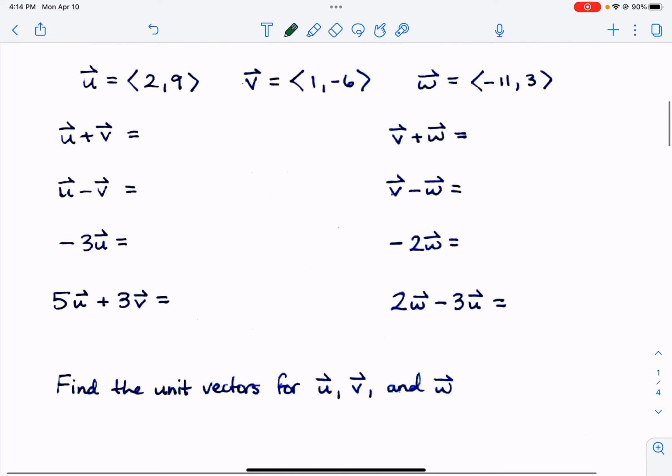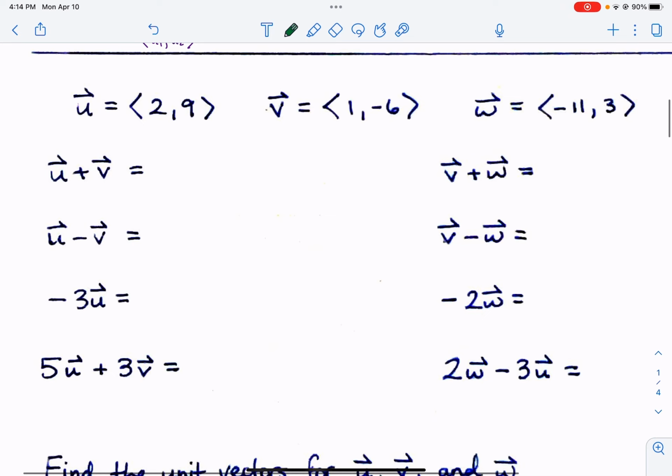Here we got a sort of rapid round of adding vectors, subtracting vectors, and scaling vectors. So we have some vectors defined above, and we just want to add them and subtract them. So u plus v would be 2 plus 1, comma 9 plus negative 6. Well, that's going to be 3, comma 3.